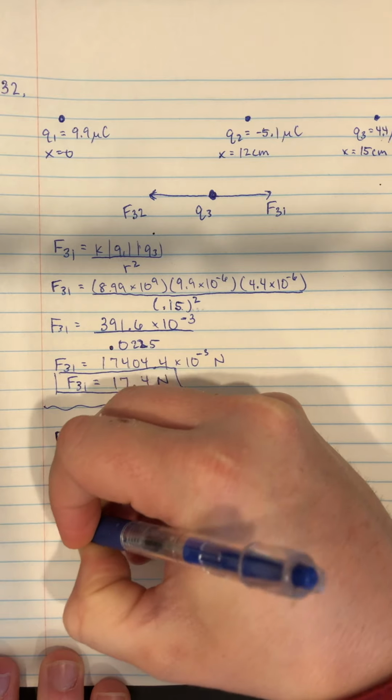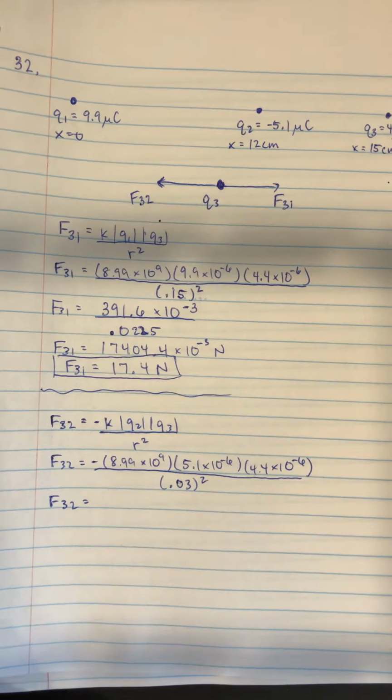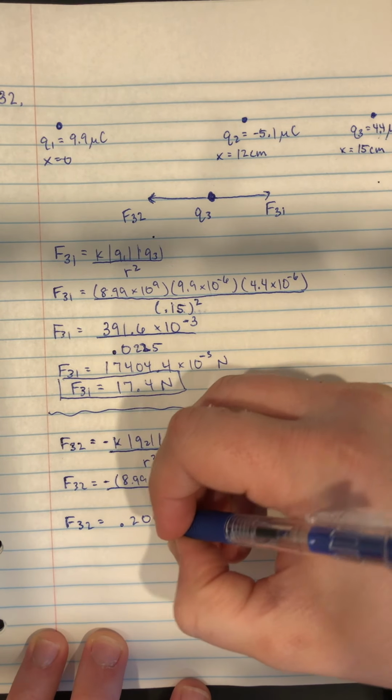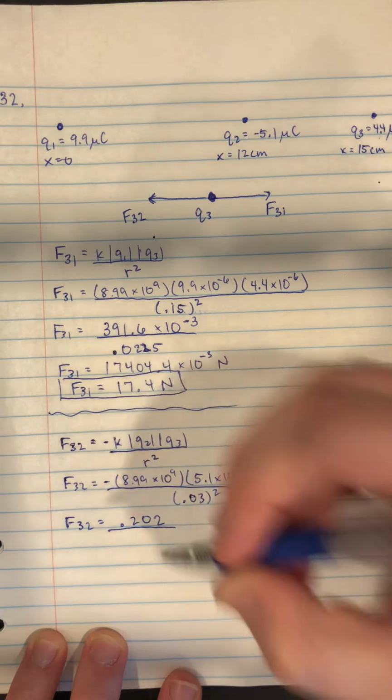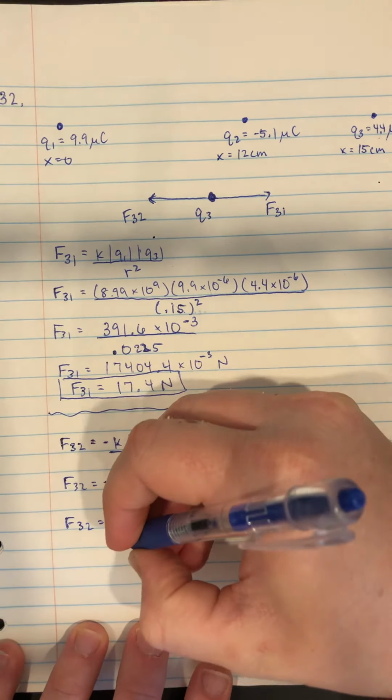I'm going to do this one fast. 8.99 times 10 to the 9th times 5.1 times 10 to the negative 6th times 4.4 times 10 to the negative 6th will give us 0.202, divided by 0.03 squared will give us 9 times 10 to the negative 4th.